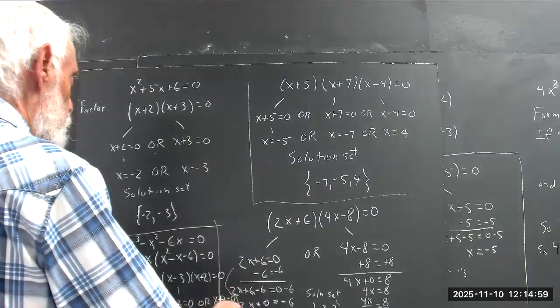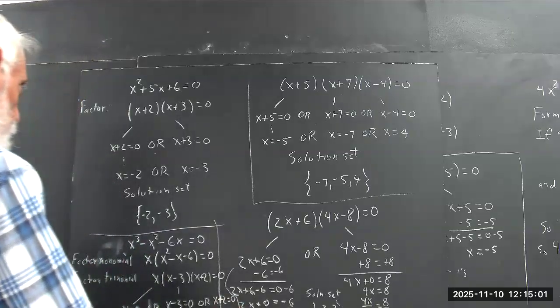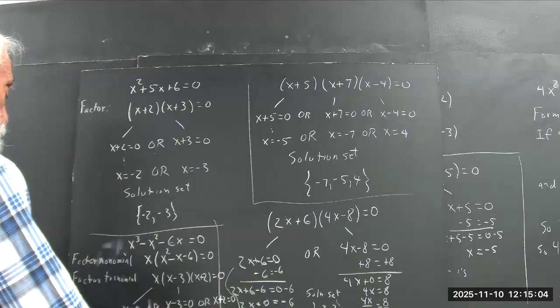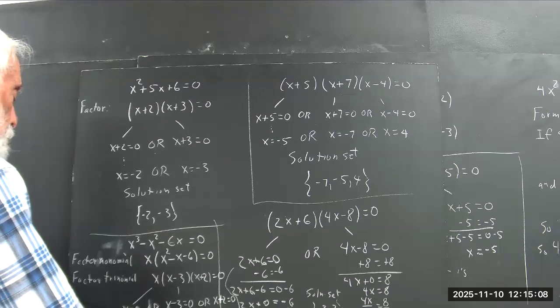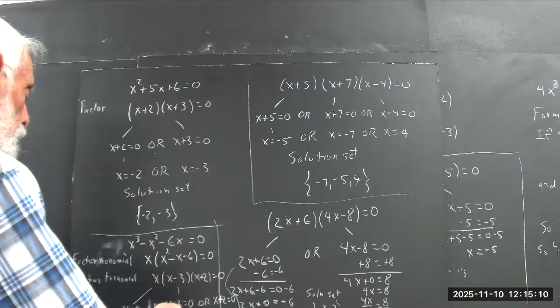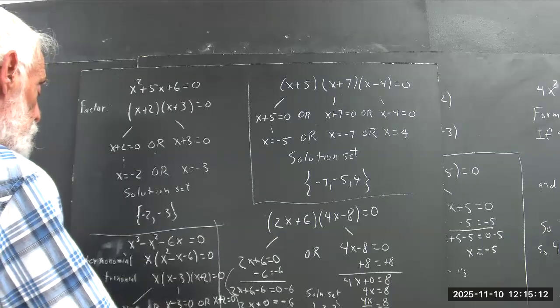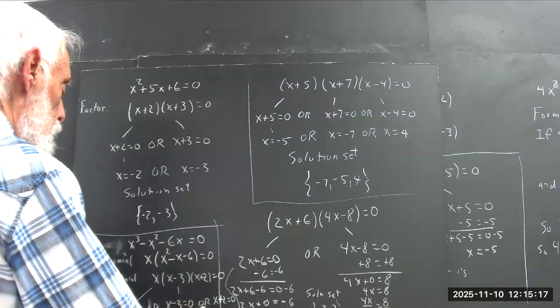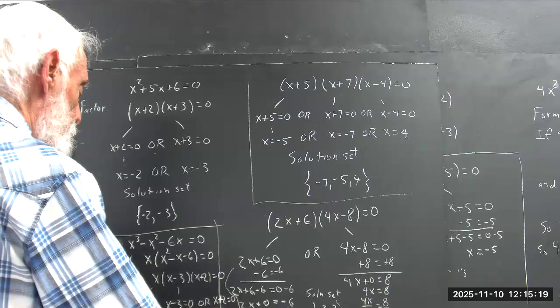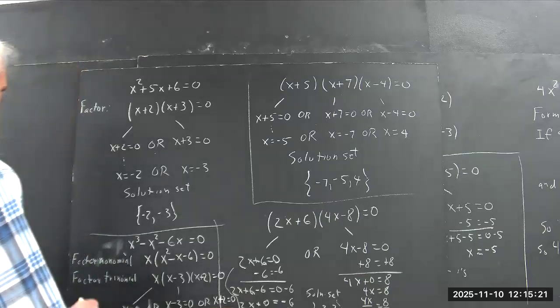Or x plus 2 could equal 0. So this is still x equals 0. This is x equals 3. Or x equals negative 2.